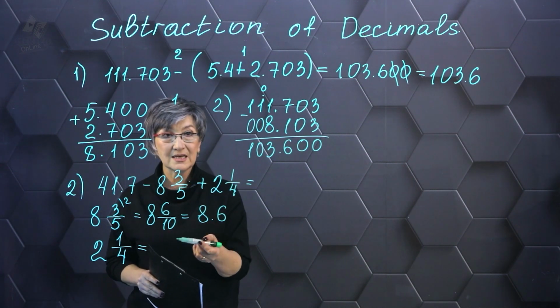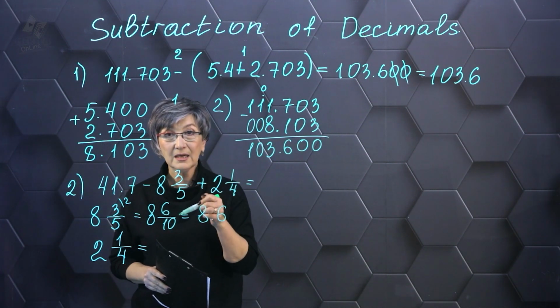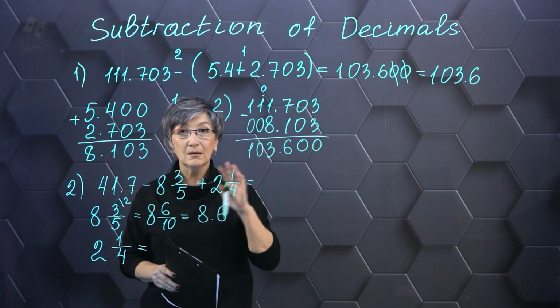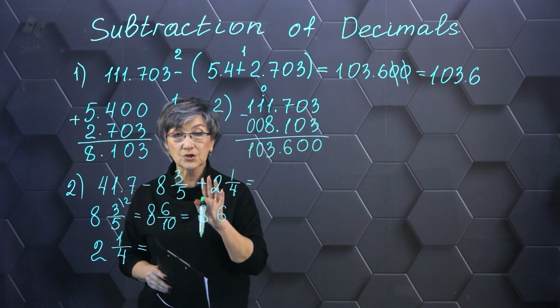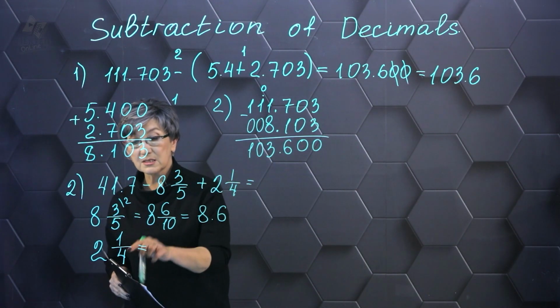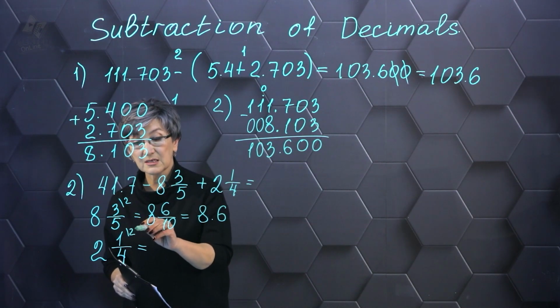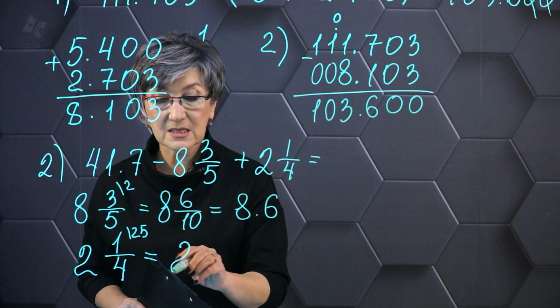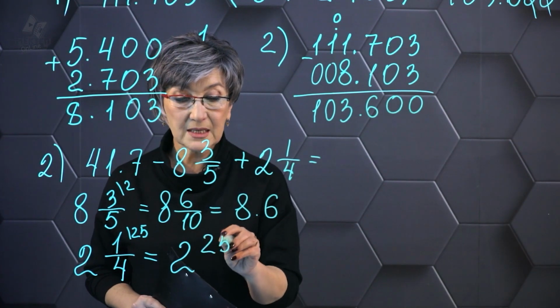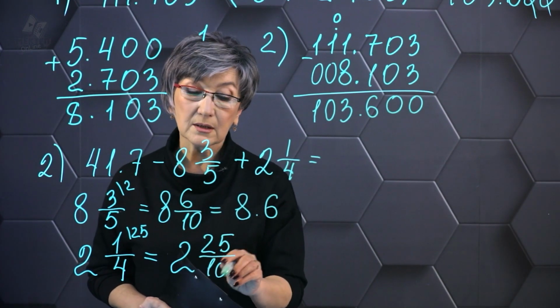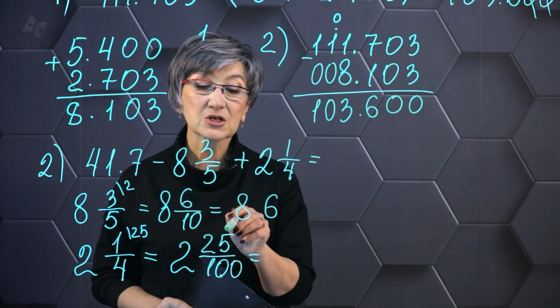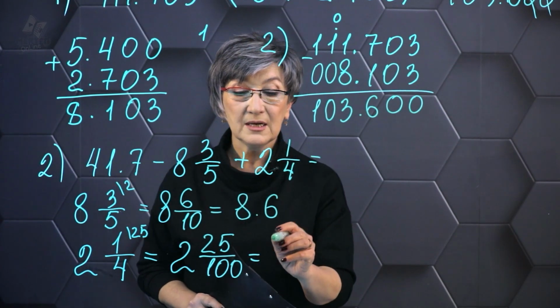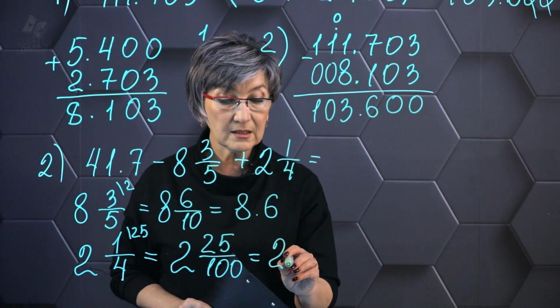Because 10 divided by 4 is 2, and we still have a remainder. So I'm taking another number, that's 100. 100 divided by 4 is 25. Now 2 and 1/4 is 2 and 25 hundredths. And then I can write this mixed number as a decimal, 2.25 hundredths.